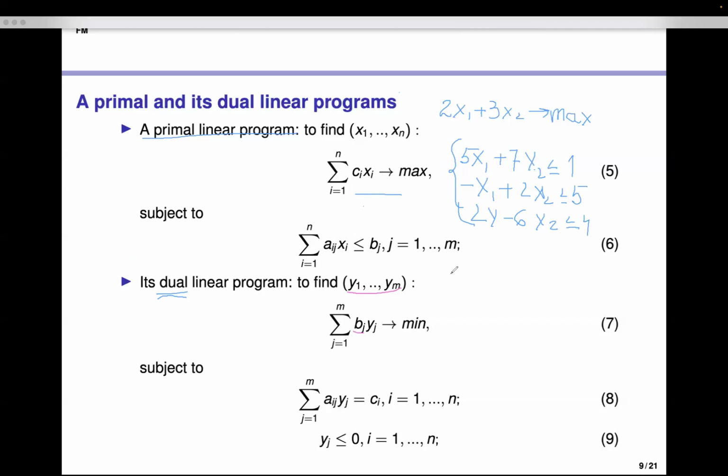How many y will there be in the dual linear program? Do you remember? If you don't remember, it is similar. It is in the general case, but I ask you to write not in general, but in this concrete case. Eva, can you say?